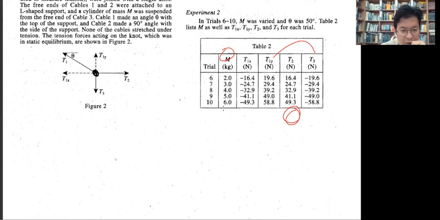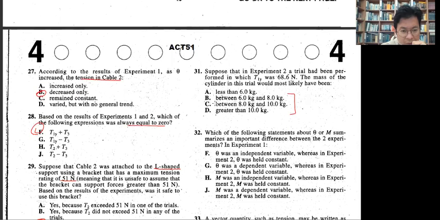So if it's 7, 8, 9, it's around 8. So between, yes, this one, B.